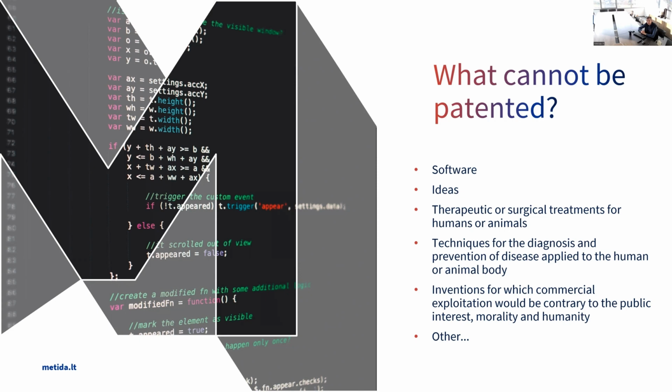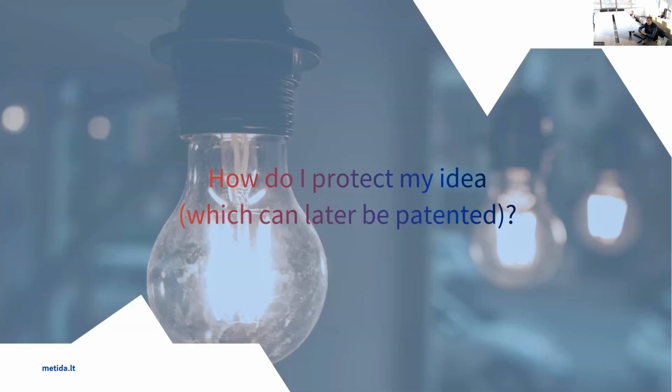And here we talk mostly about Europe, but in countries like the United States, for example, the requirements to protect software are a little bit lower, and you can protect much more in the United States when we talk about software. And also, there can be a question if it's possible to protect an idea.